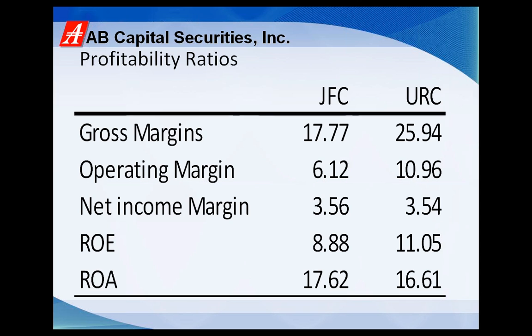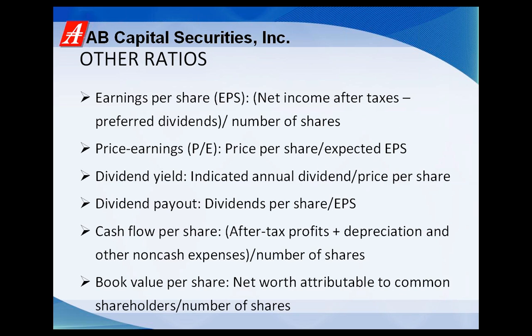Other ratios, these are mostly market ratios that are very important and we look into as analysts. We have, of course, the price earnings ratio, which is normally used as a measuring yardstick for investors whether a stock is expensive or cheap. Some investors also like to look at how much yield they are generating in terms of dividends.